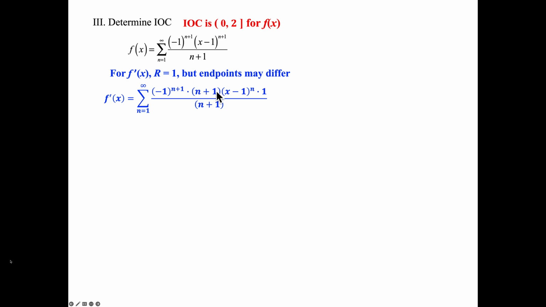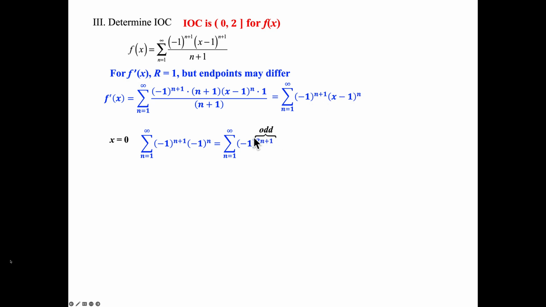That's why you got to check those first couple terms. Well, by putting the n plus 1 in front of the x minus 1 to the nth power, those two get to cancel. So that simplifies now to negative 1 to the n plus 1 times x minus 1 to the nth power. All right, test the endpoint, 0. So 0 minus 1 is negative 1 to the nth power. Well, negative 1 to the n plus 1 times negative 1 to the nth, same base, add exponents, 2n plus 1.